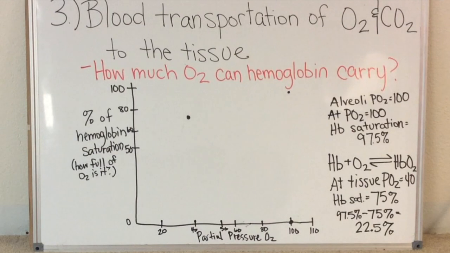The average partial pressure of oxygen in the systemic system is 40 millimeters of mercury. At this partial pressure, hemoglobin saturation can only be 75%. This means once the hemoglobin reaches the tissue, it must release 22.5% of the oxygen that it is carrying.